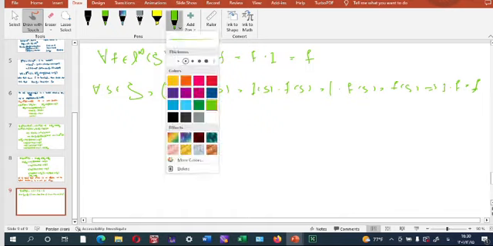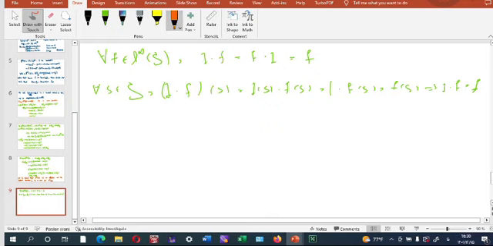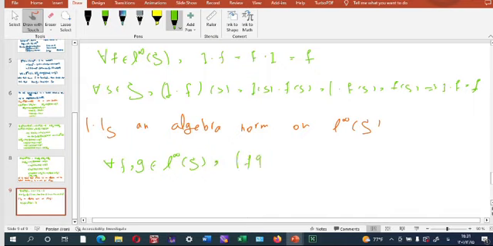And finally, this is an algebra norm on L infinity, because for any f and g in L infinity, we have this property: this is less than or equal to this norm multiplied by this norm.